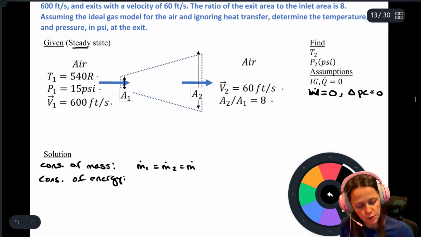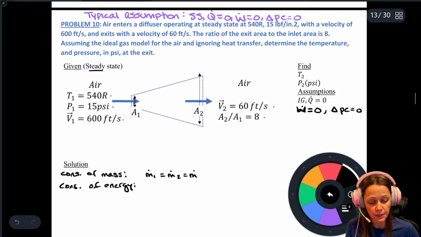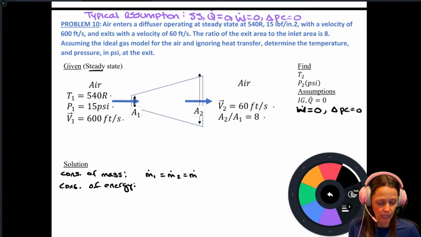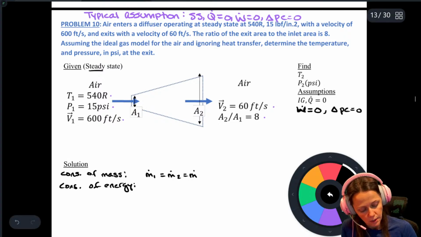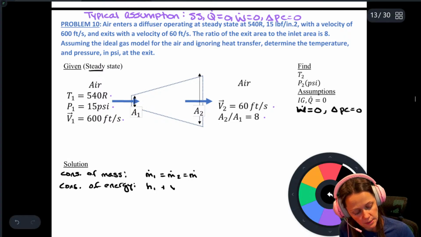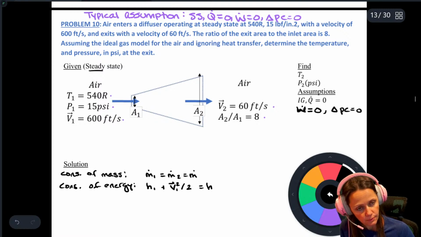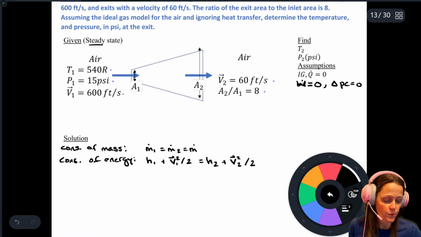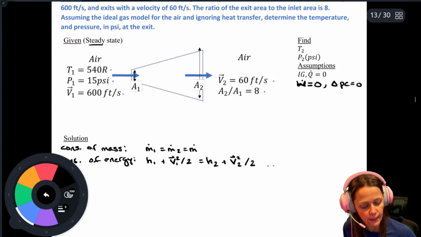If I apply my first law, and I made all of those assumptions that I wrote in purple, I'm going to get H1 plus V1 squared divided by 2 equals H2 plus V2 squared divided by 2. And so the idea is if I can get H2, I can get T2.